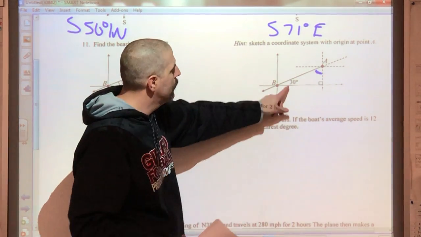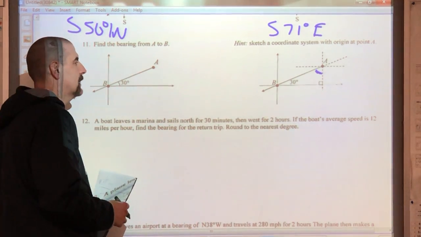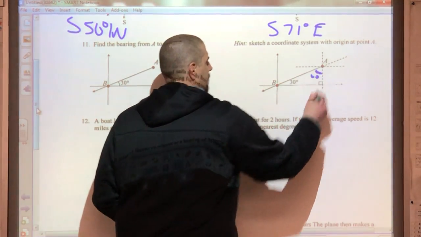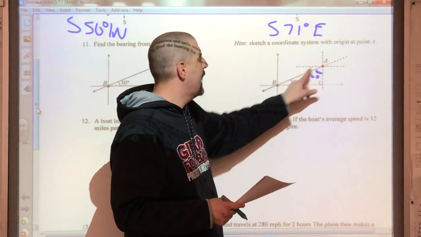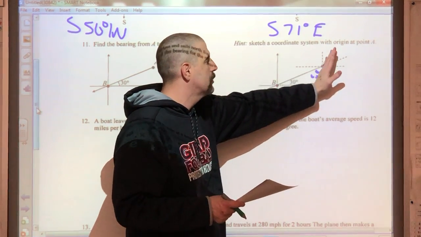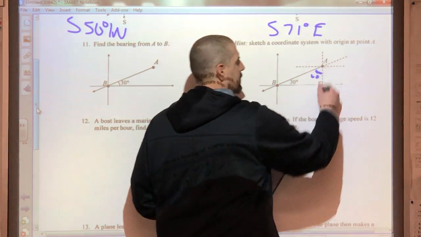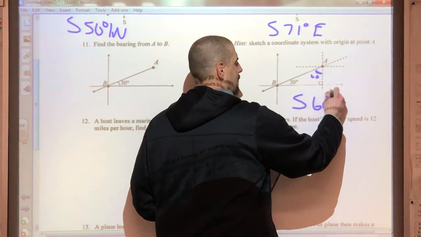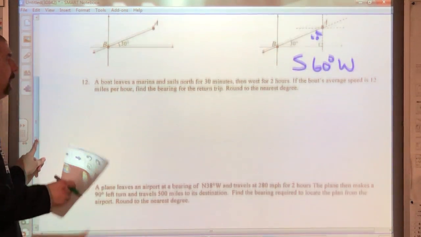So now you have a 30, 90, so that must be 60. So that tells me now that A to B, here's my new north-south line, I just transitioned it over to there, is 60. So we're going to have south 60 west, okay, south 60 west.